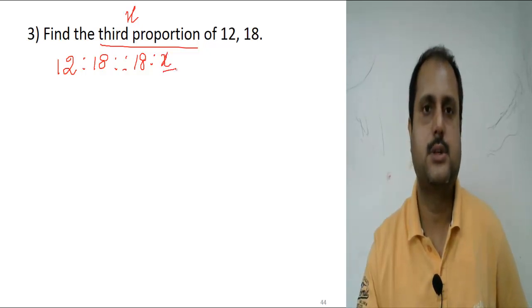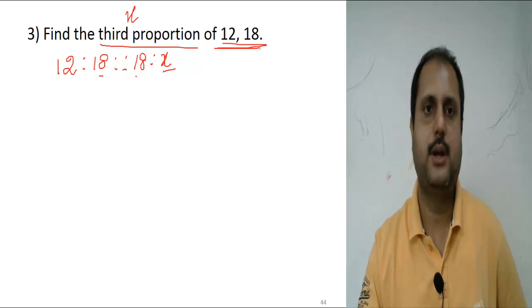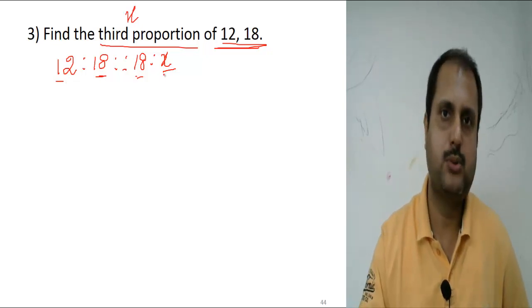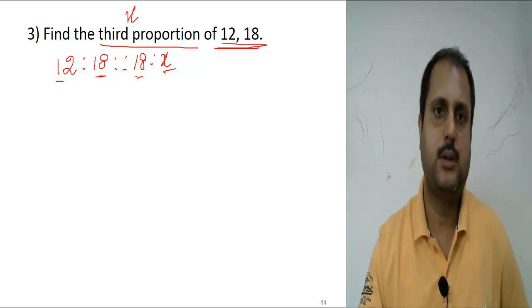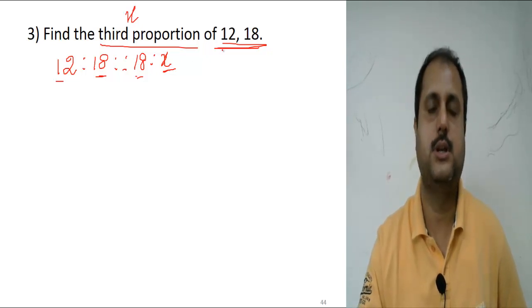So here x is the third proportion and 18 is the mean proportion. Two values are given, 12 and 18. So 18 would be the mean proportion, 12 would be the first proportion, and x would be the third proportion. As I have already said, the third proportion is in last if two values are given.